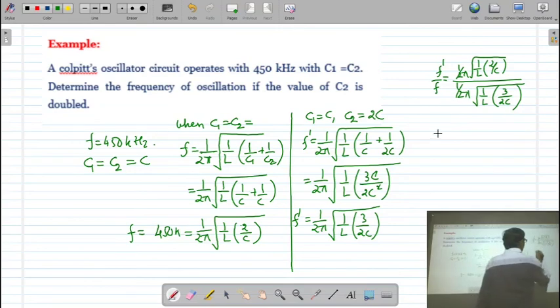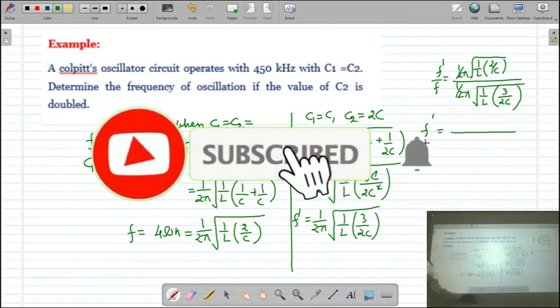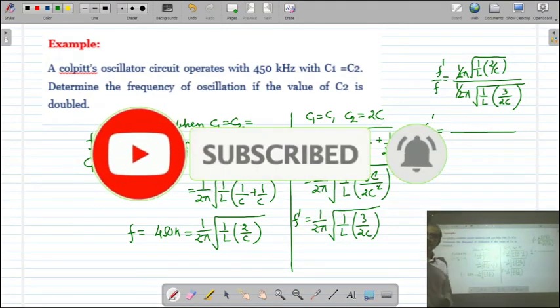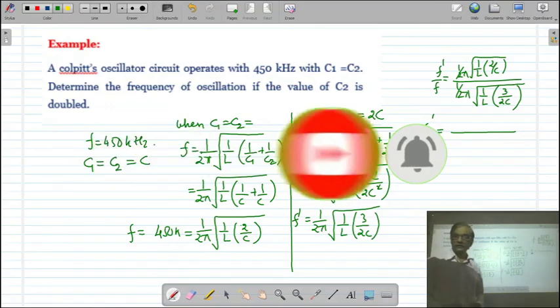And now you can calculate what is f dash. I am not going to calculate. Now you can find out what will be the value of f dash.